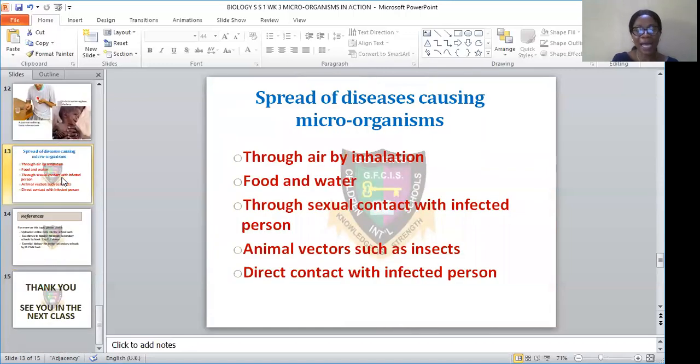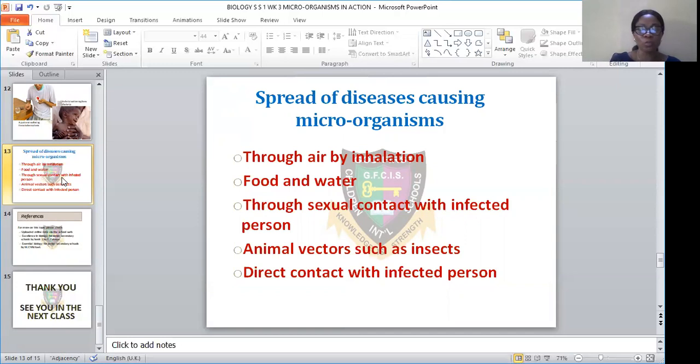Now, how can these diseases be spread? Microorganisms can be spread through air by inhalation. Like I told us earlier on, microorganisms are everywhere. If I have an infection in me and I sneeze, I've introduced the droplets to the air.